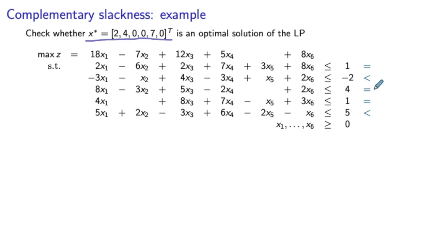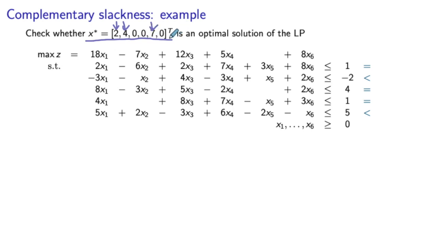There are two things that we need to look at. Whenever the primal variable is positive at the optimum, this means that the corresponding dual constraint is going to be binding. We have x1, x2, x4, x5 positive.